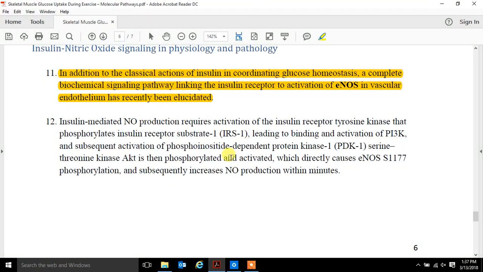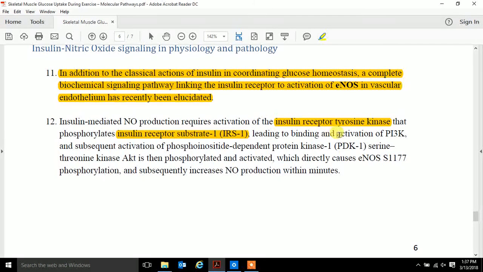Okay, so I know this is a little wordy here, but we'll just go right through it. So insulin-mediated nitric oxide production requires activation of insulin receptor tyrosine kinase. We've just looked at that before. It phosphorylates our insulin receptor substrate 1, so IRS1, that's our docking protein. So I don't have a figure because we've seen that.